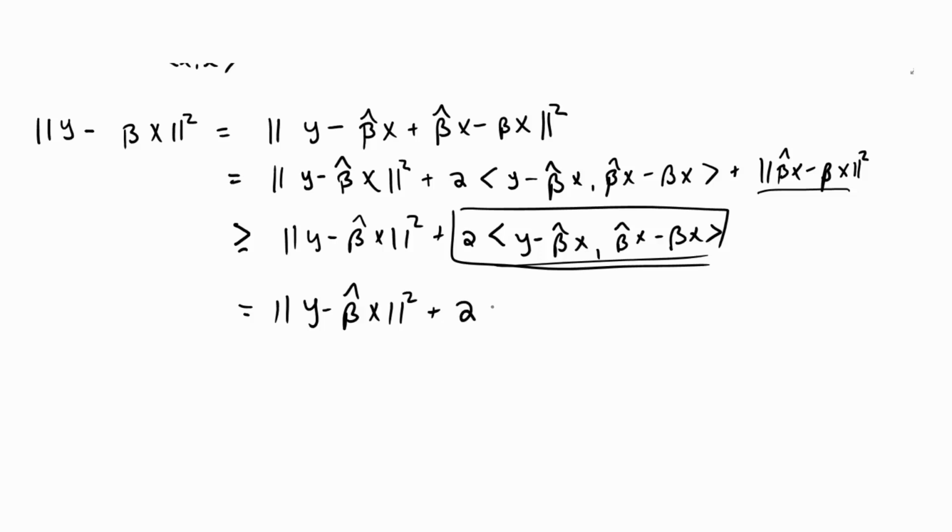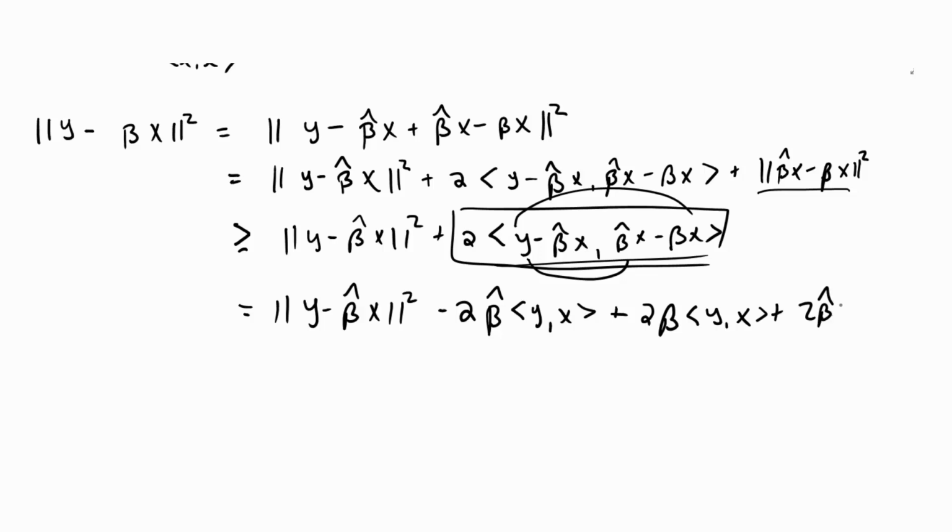So 2, and then beta hat is a scalar, so we can pull it out: 2 beta hat inner product of y and x, that's from those guys, and it's a minus for that, plus 2 beta inner product of y and x, that's from that term, plus 2 beta hat squared norm of x squared, and that is from that term right there.